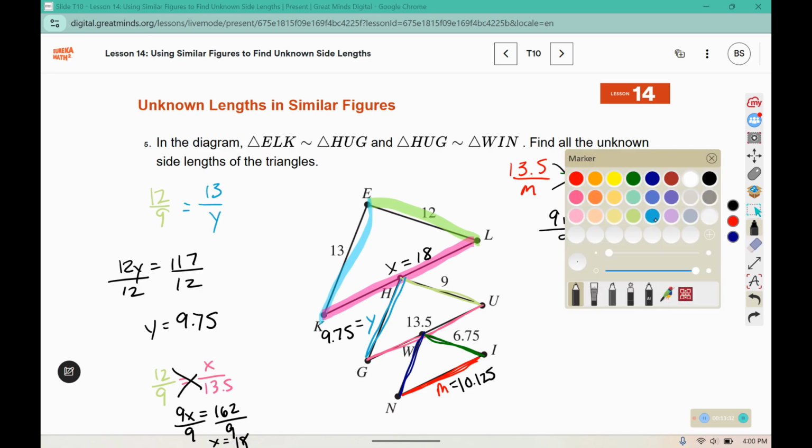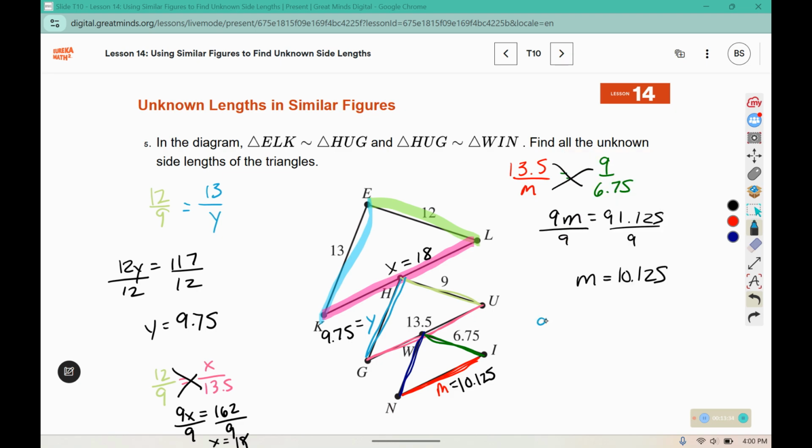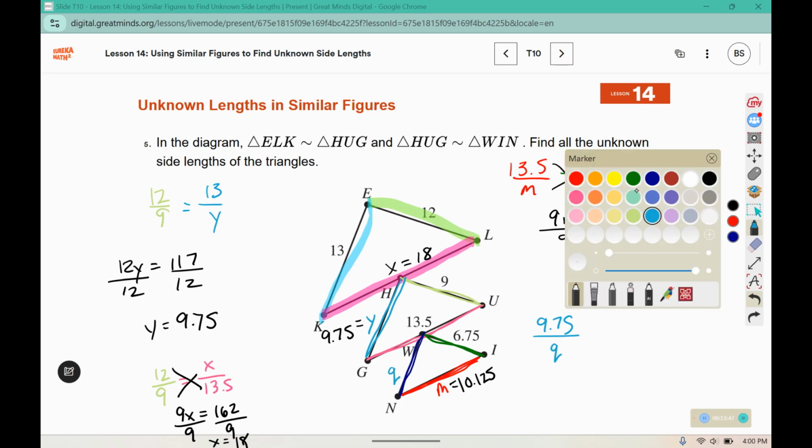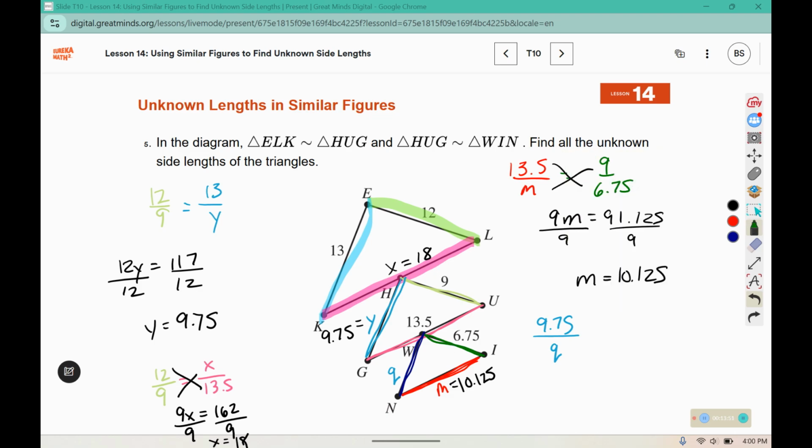And we have our blues that can be paired together. I have a 9.75, and we can label this Q. And those get paired up with the 9 and the 6.75, which are also in the medium and the small triangle.